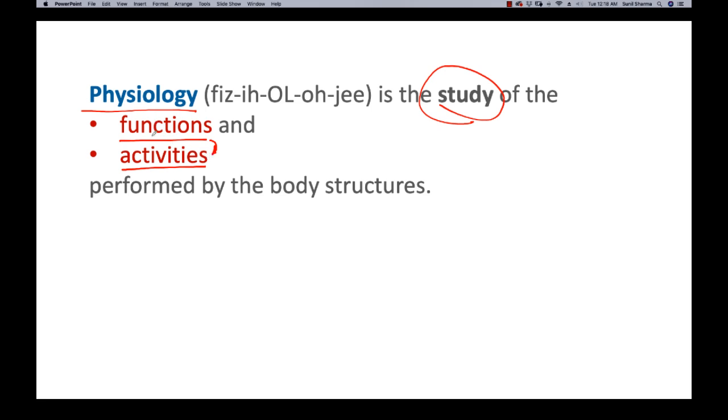Those are the functions and activities that we can see in examples of movements. So functions and activities performed by the body structures. And what are body structures again? That's the anatomy. And then physiology is its function.